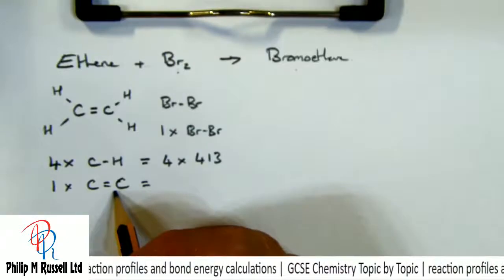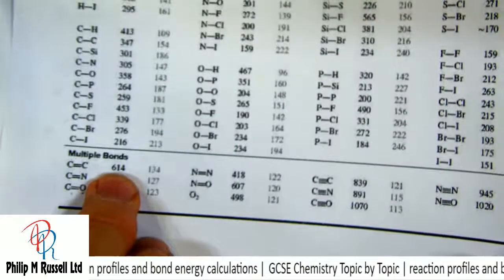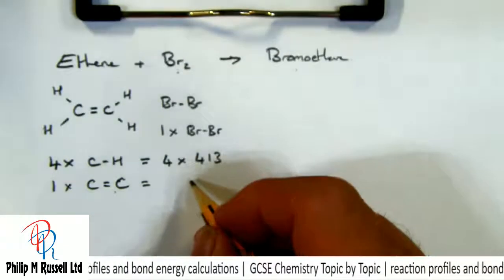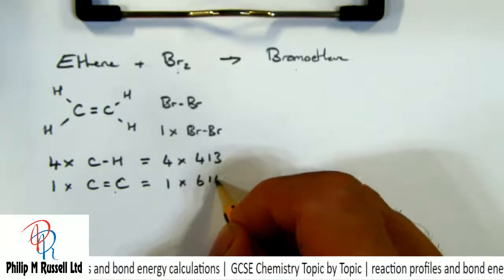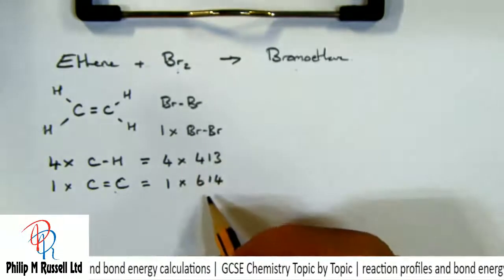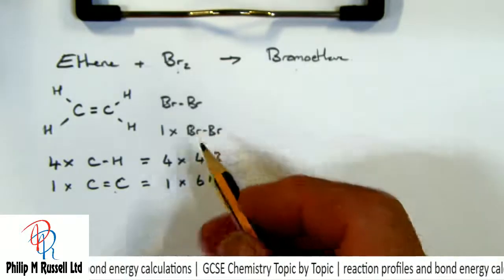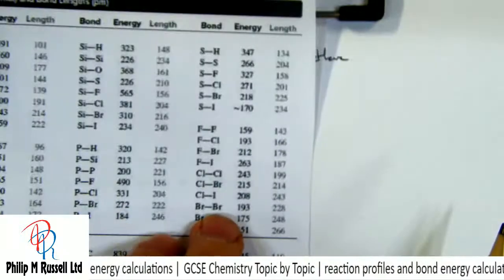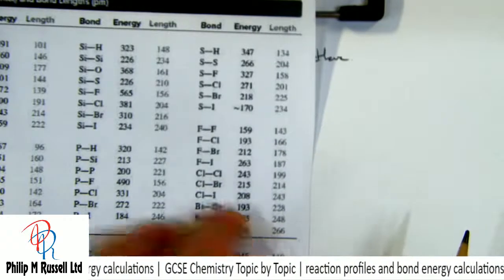Our carbon-carbon bond, we've worked out, is 614. And I've also got 1 bromine-bromine bond, and this one isn't actually very high. It's only 193.